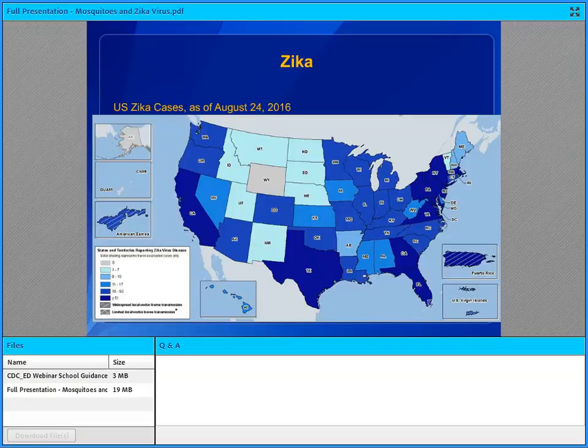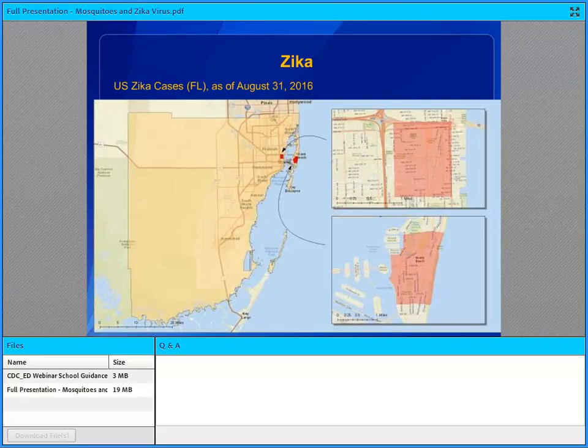There have only been a handful of Zika cases transmitted in the continental United States through the bite of a mosquito, and they have been in Florida. This map is from just 3 weeks ago, on August 31st, and it has also been updated. It shows the active cases from the Miami area where people acquired Zika from the bite of infected mosquitoes.